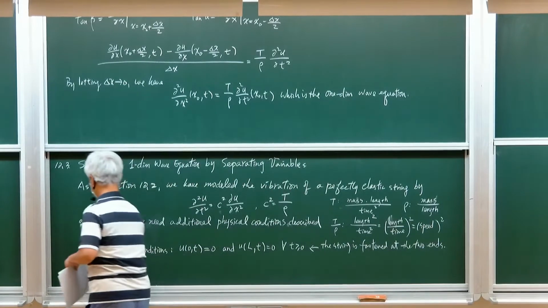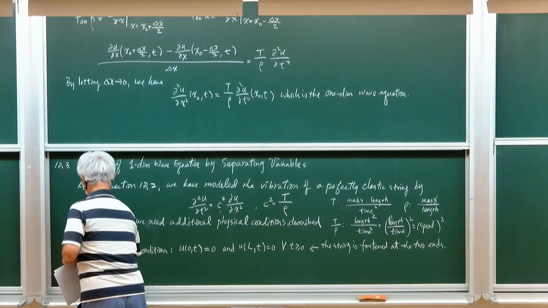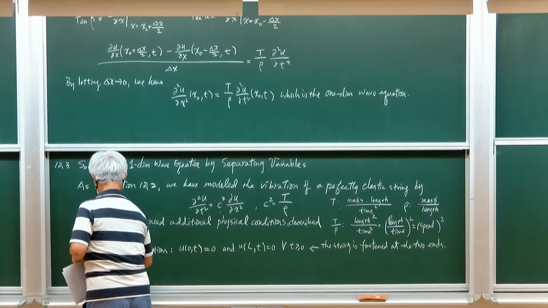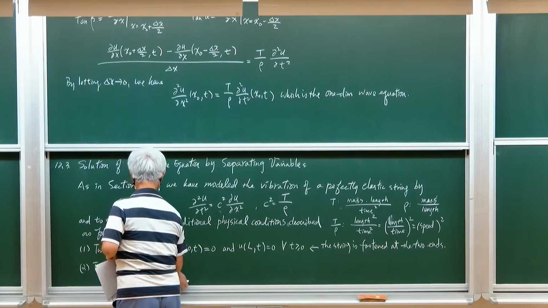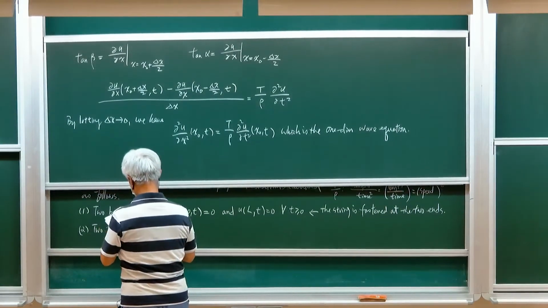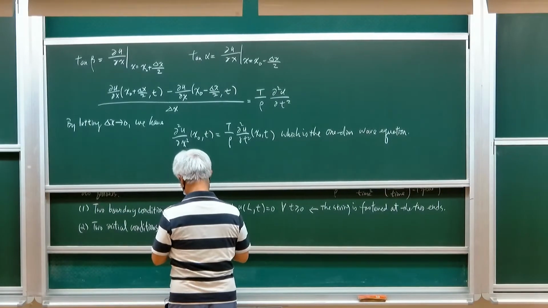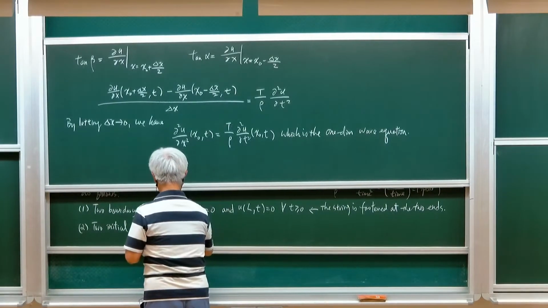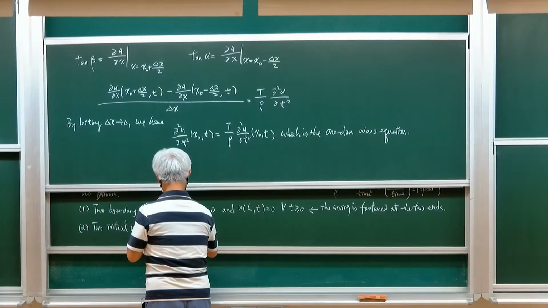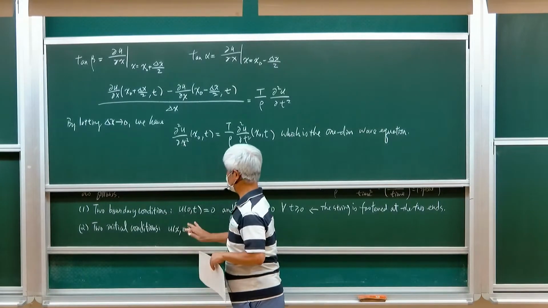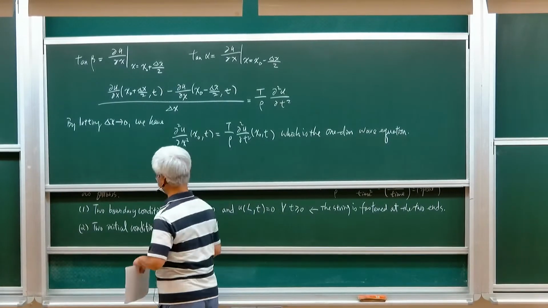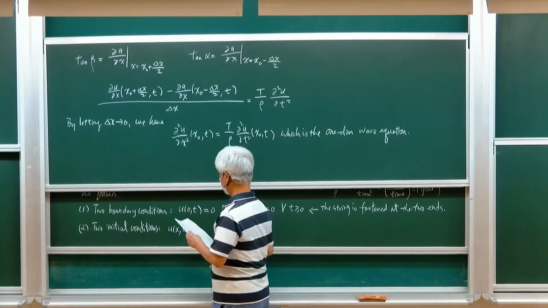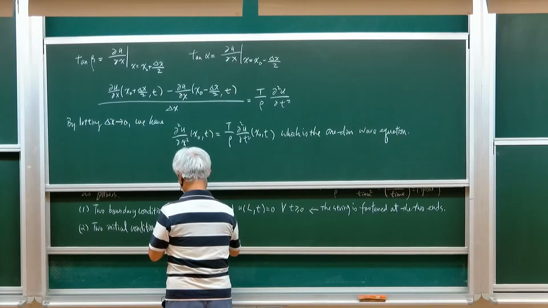Second, two initial conditions. At time 0, the location of the string in the vertical plane would be f of x.